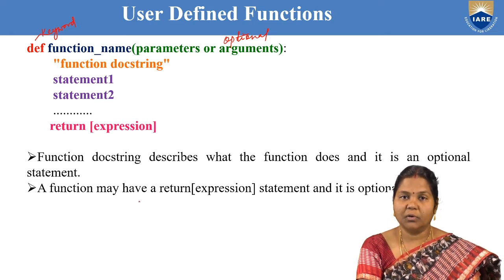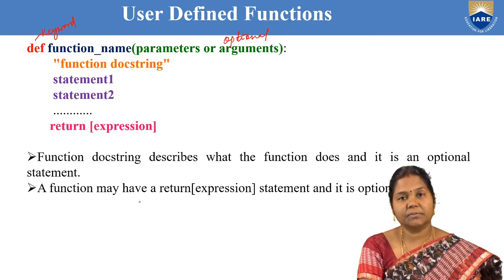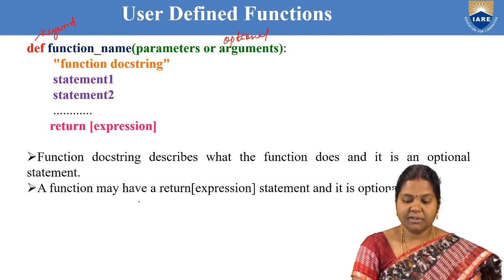This is called docstring. It normally describes what the function does, but it is an optional part. If you do not want to specify it, you can simply skip it. That is called the optional part.